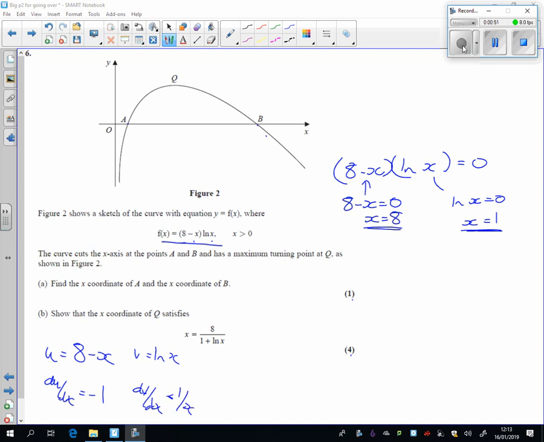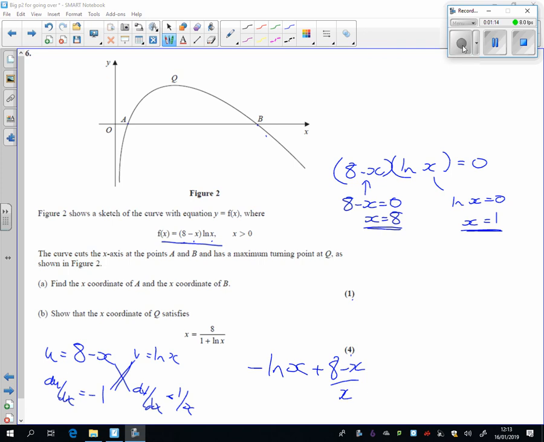The product rule is v du dx, these 2 things times together, so minus ln x, plus those 2 things times together. So that is (8 minus x) over x. So there's what it gets as we differentiate it.